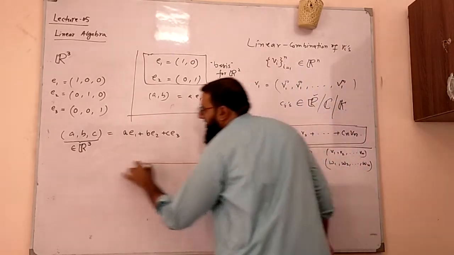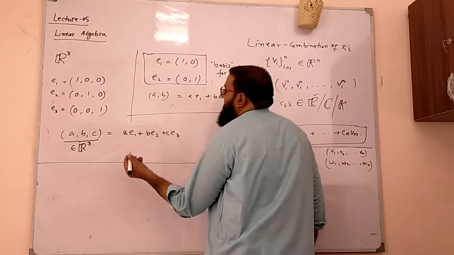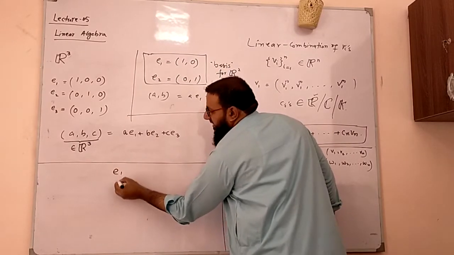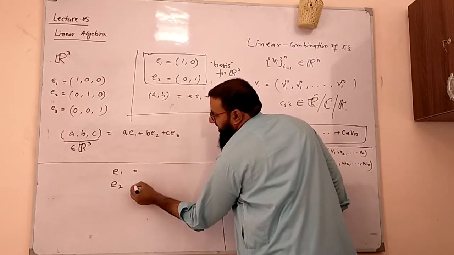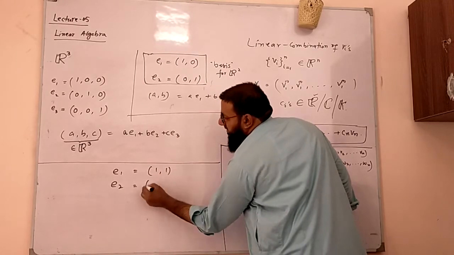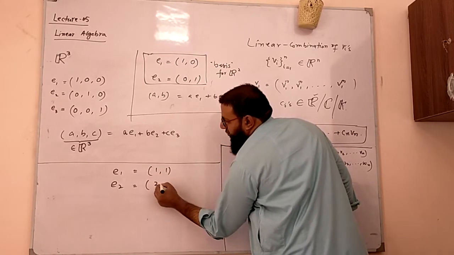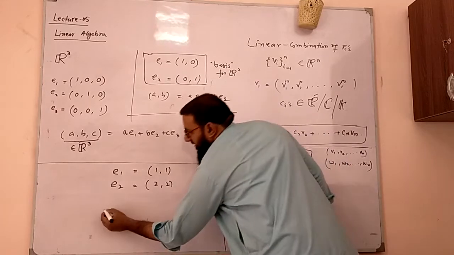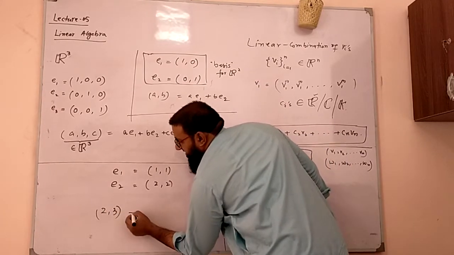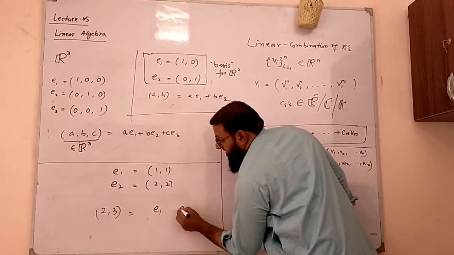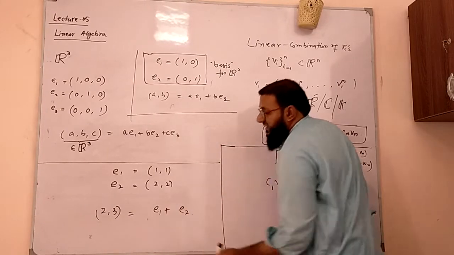Now, I want to do one more thing. I give you two vectors, E1 and E2, and let's say the vectors are 1, 1 and 2, 2. I want you to write this vector as a linear combination of these E1 and E2. Is it possible?